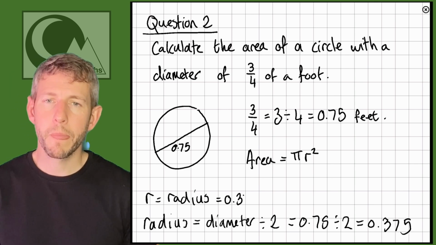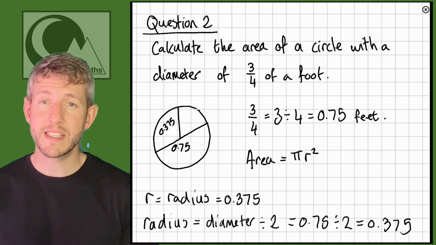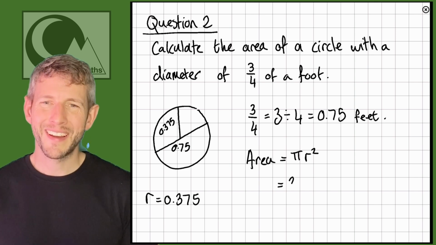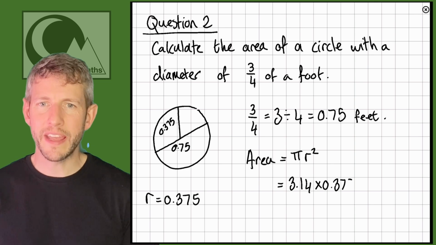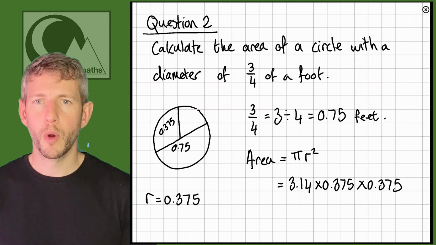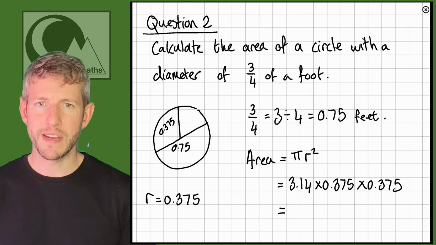So here we go. We've got a circle here with a radius of 0.375. And now we know the radius, we can use our formula. So the area of a circle equals pi r squared. So the area of this circle equals 3.14 multiplied by 0.375 multiplied by 0.375.